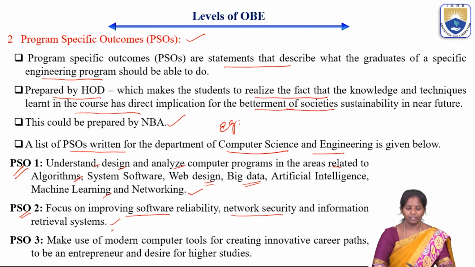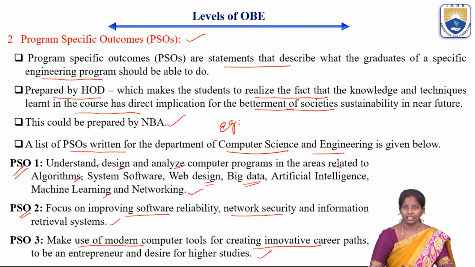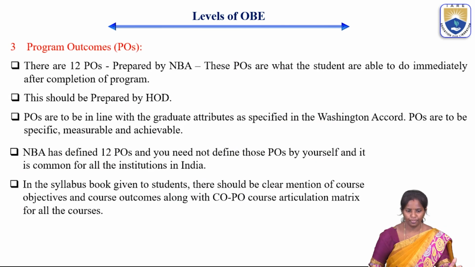These are related to PSO 2. And in PSO 3, make use of modern computer tools for creating innovative career paths to be an entrepreneur and desire for higher education or higher studies. So these three are the different PSOs available, for example, in the department specific to computer science and engineering.